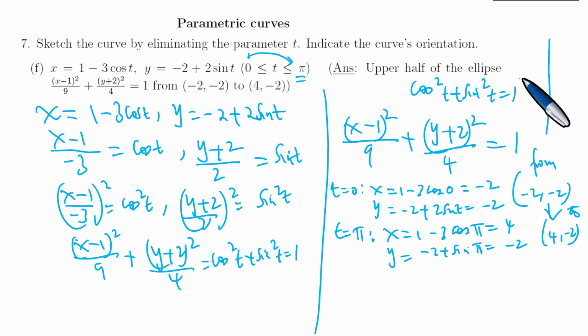So the kind of graph you have here is an ellipse in the upper half plane. It is an ellipse. So now it is at 1, -2.